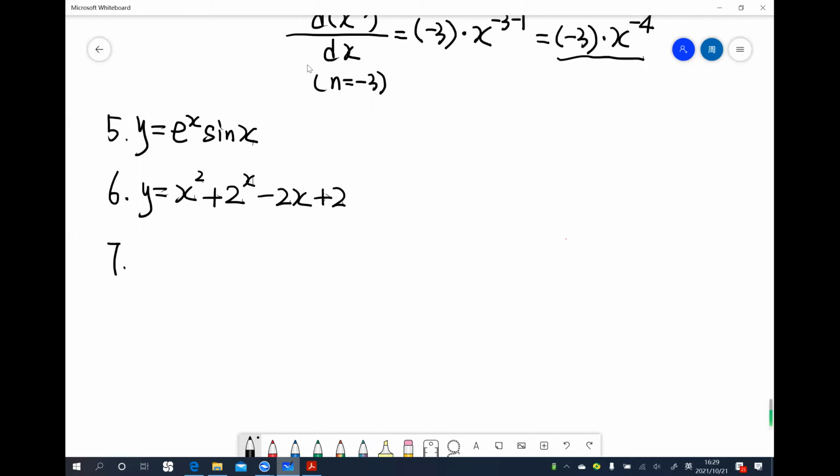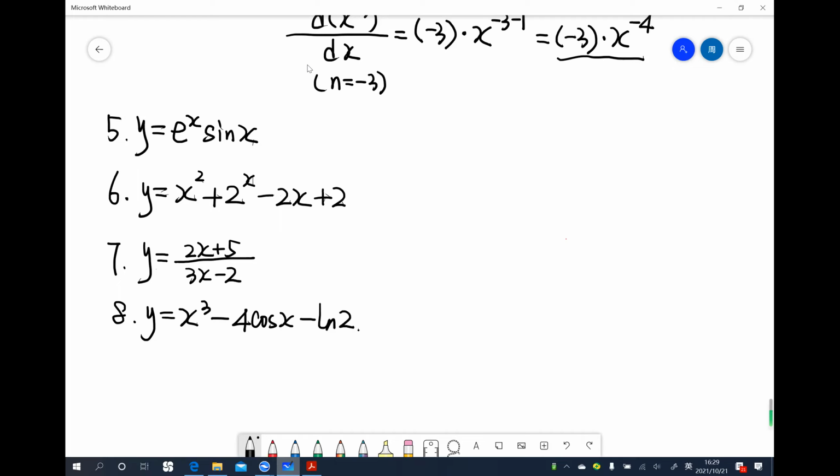And number 7, y equals 2x plus 5 over 3x minus 2. The last one, number 8, y equals x power 3 minus 4 cosine x minus ln 2. Okay, so try to solve these 4 questions.